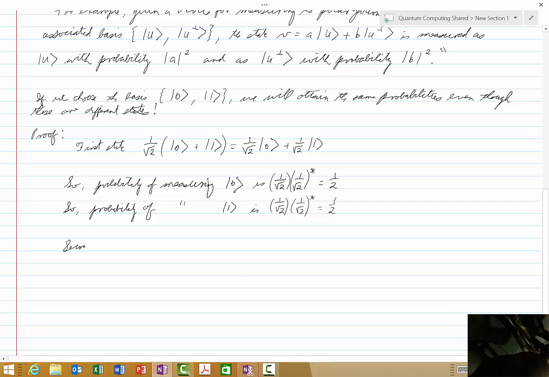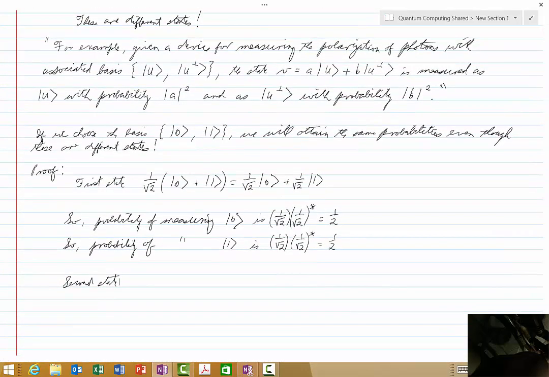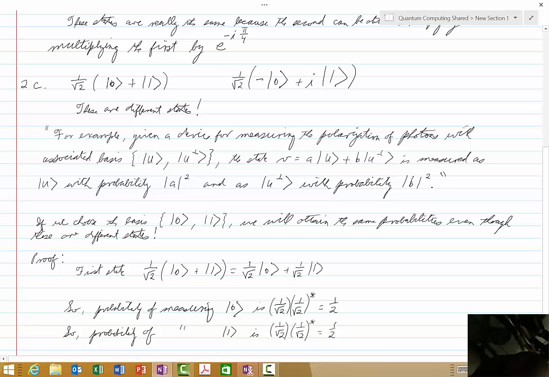So for the second state, let's go back up here. It is 1 over square root of 2 times negative 0 ket plus i times the 1 ket.